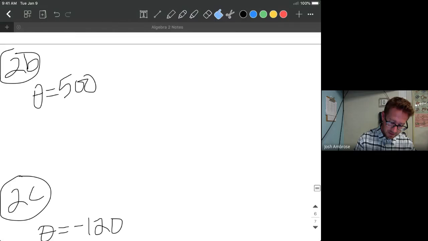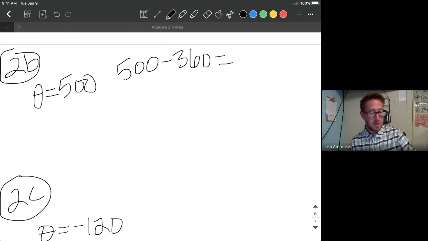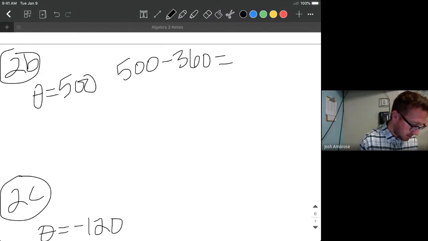Now, you'll notice a difference with 2B. The number 500 is bigger than 360. So you have some options here. You could take 500 and subtract 360. And what are you going to get from that? Let's see, 500 minus 360.